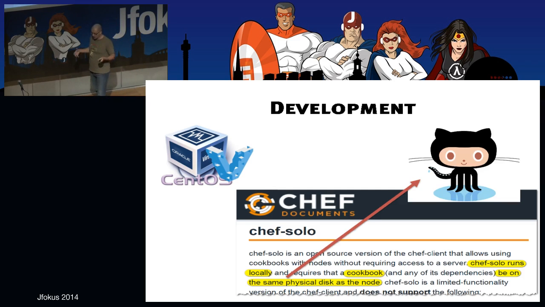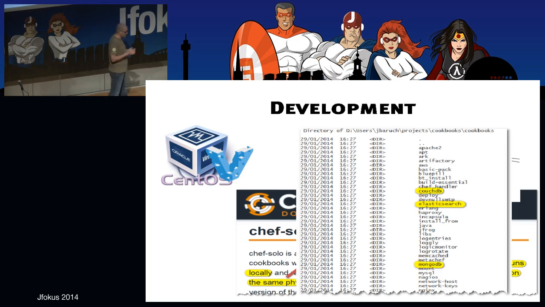And when we mention checkout to the local machine, we actually mean version control. So we use GitHub, but it really doesn't matter how the cookbooks got to the machine of the developer, as long as they come from proper source control.